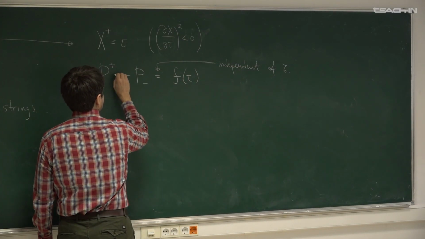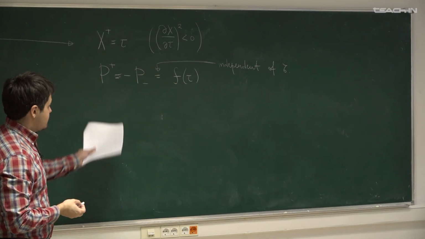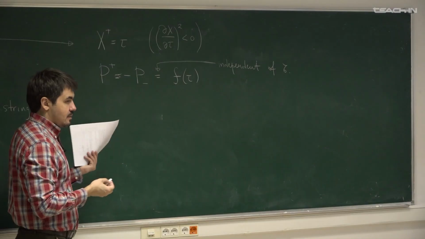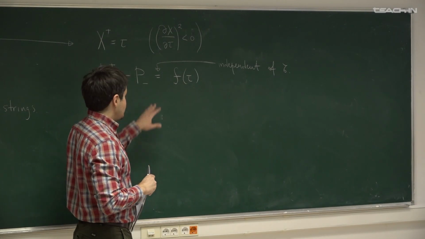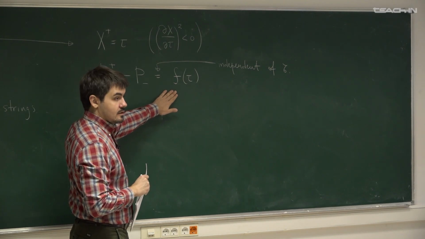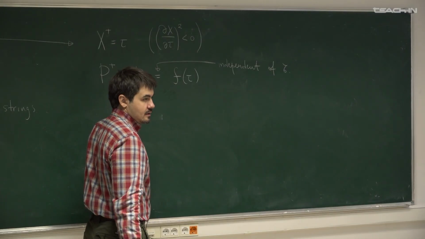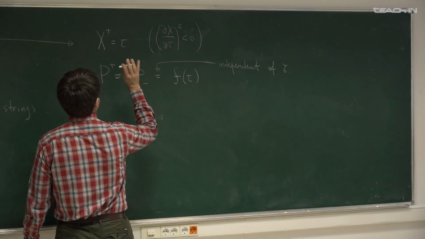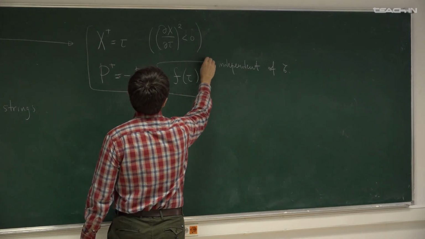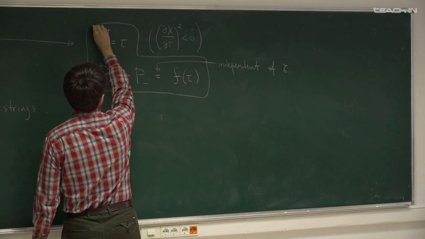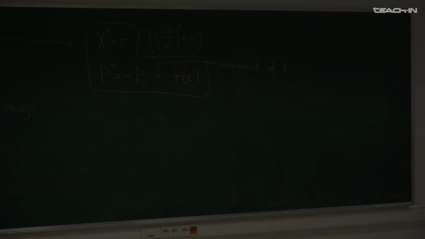So we can fix p plus to be independent of sigma, and its dependence on tau we cannot really fix by gauge choice. We will see that it's a kind of gauge invariant thing. So this will remain an independent variable in our theory. But we can eliminate the dependence on sigma. That's the point. We will see why it works. So there are two gauge conditions, and these are the gauge conditions.